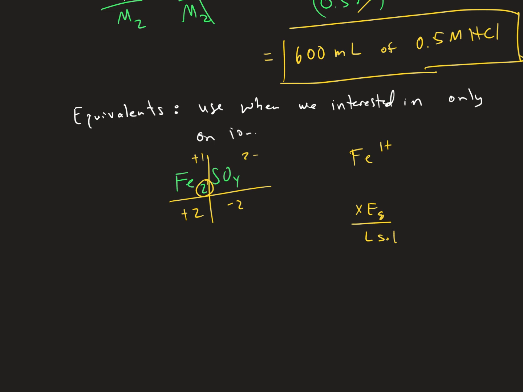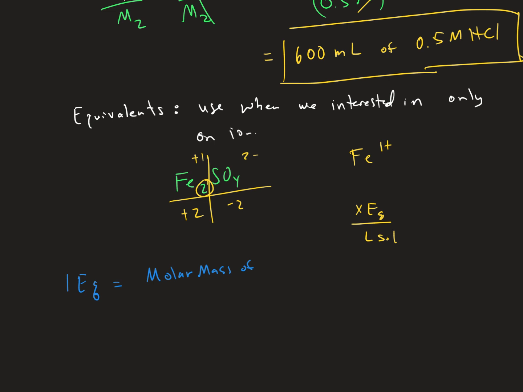So 1 equivalent is equal to the molar mass of our element, in this case iron.